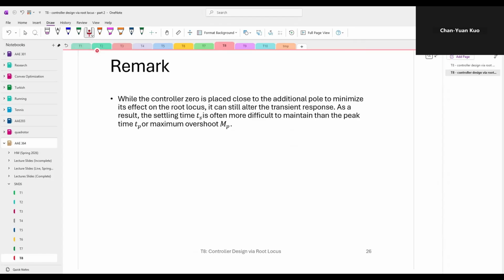Specifically, while the peak time and maximum overshoot are usually preserved quite well, the settling time is often more sensitive and may change noticeably. For this reason, after designing either a PI controller or a lag compensator, we should always verify the final performance through a simulation.